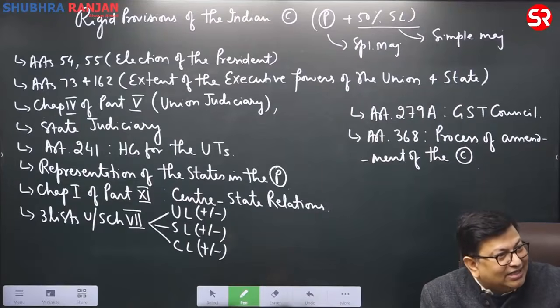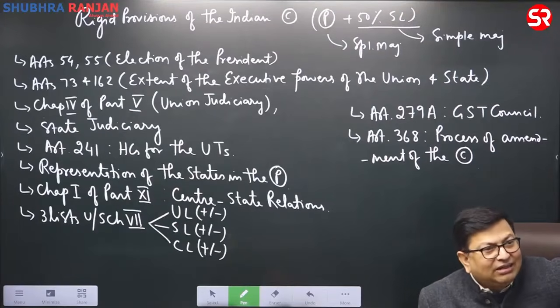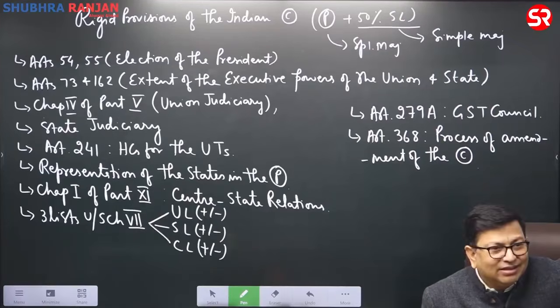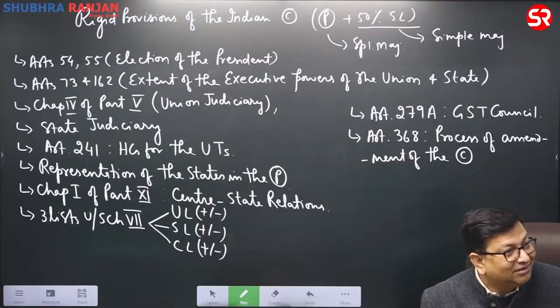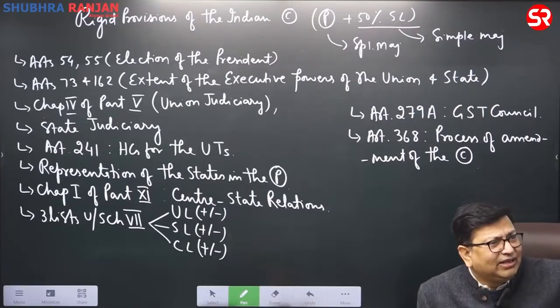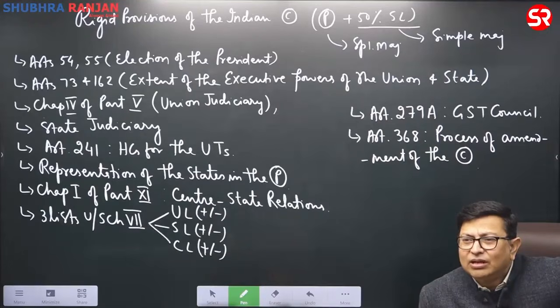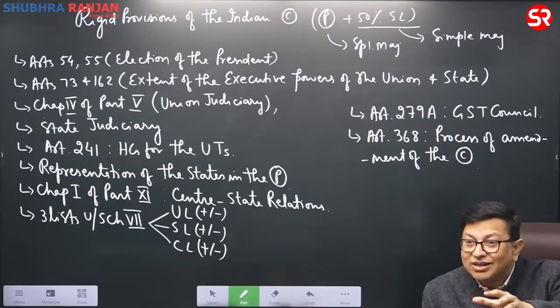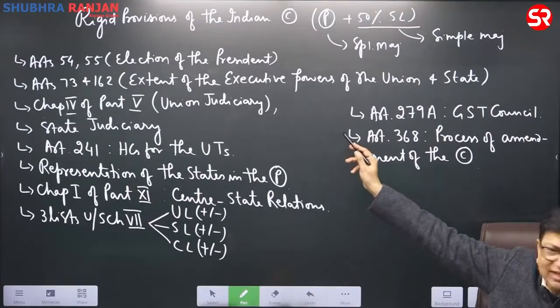Otherwise, suppose a political party comes to power at the center and feels that in most of the state assemblies it has no majority, its presidential candidate will be defeated. It can easily amend Article 54 so that the president will be elected only by the elected MPs. Powers of the state gone. Value of the votes of the MPs can be increased arbitrarily. So here the interest of the state is concerned.